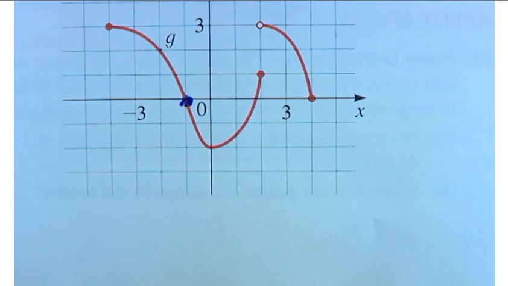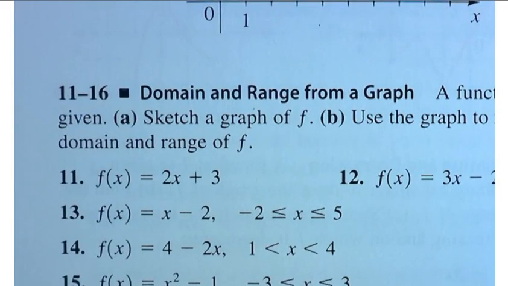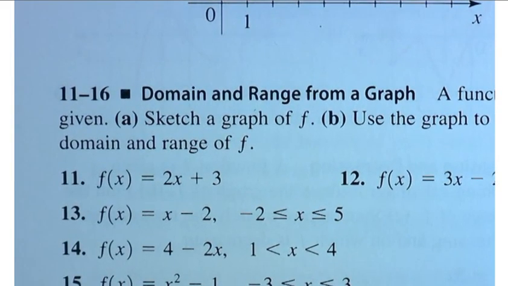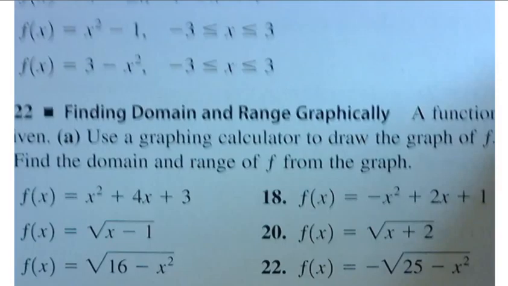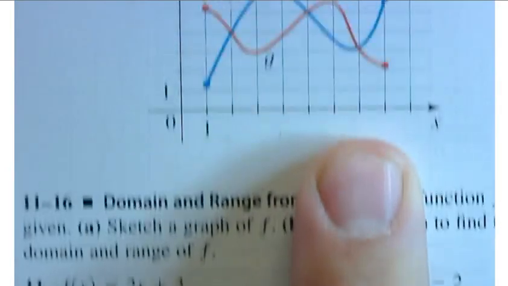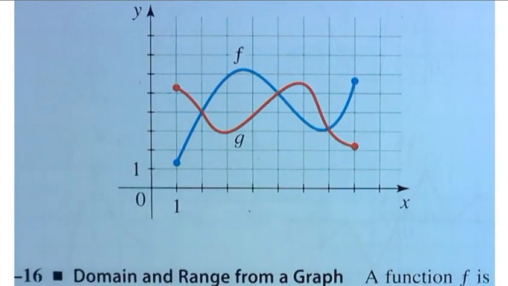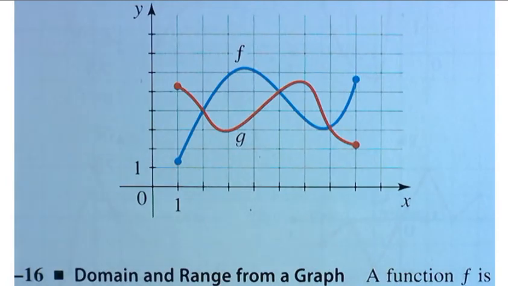Okay, let's move over to problem 10. We're going to do problem 10C and I think 10E. So let's see, it would help if I get the graph a little bit higher. There. I like this problem.